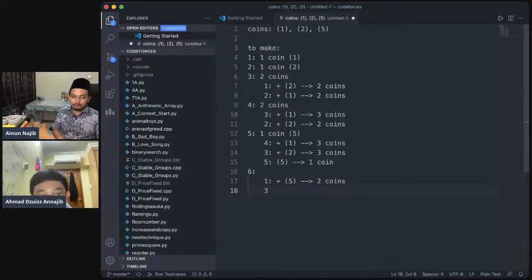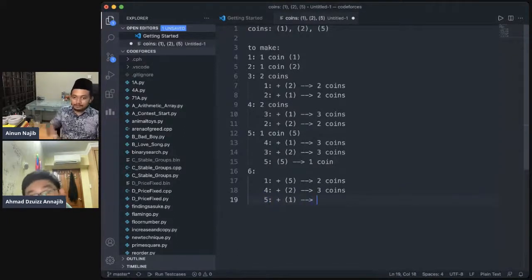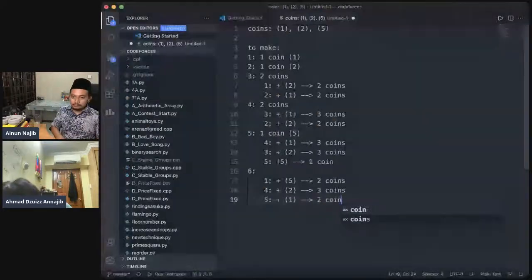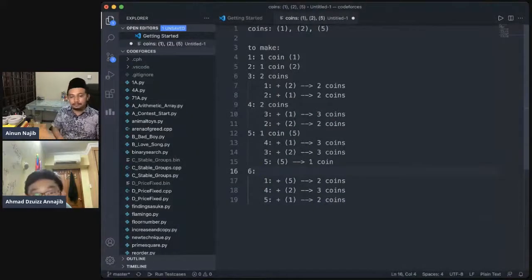Next is 4 plus 2 coins. 4 is 2 coins, so that's 3 coins. Then the last one, 5 plus 1 coin, which gives you 2 coins. So the answer for 6 is 2.